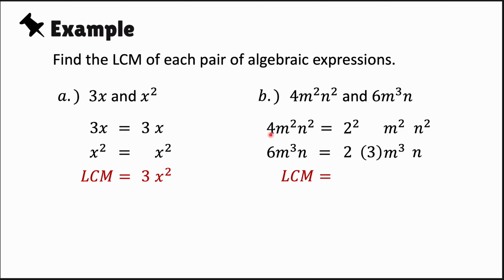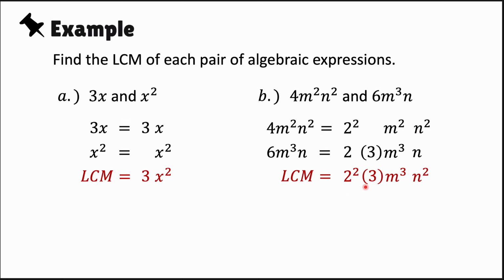To get the LCM, again, get the one with the higher power, but get all the factors as well. So 2 squared and 2, get the one with the higher power, you'll get the 2 squared. 3, we will just bring it down. M squared and m cubed, we get m cubed, and n squared and n, we get n squared.